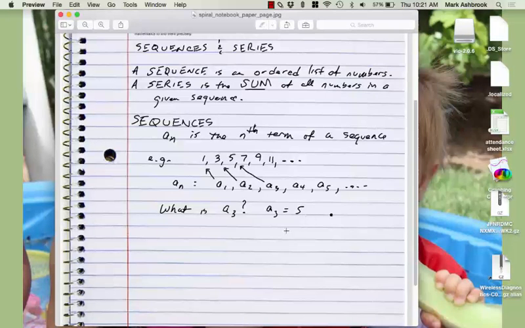And 11 is A what? That's A6. It's the sixth term of the sequence. 11 is the sixth term of the sequence, so it's A6. 5 is the third term of the sequence, so it's A3.